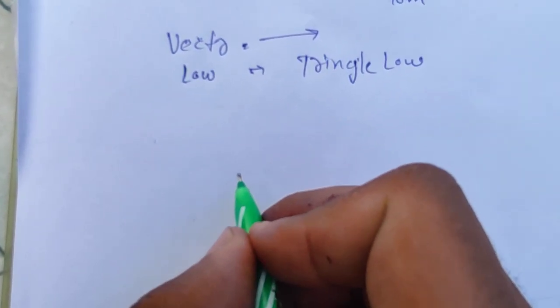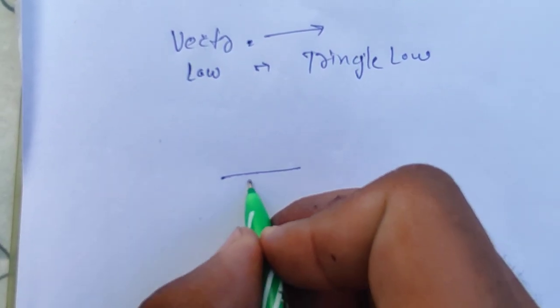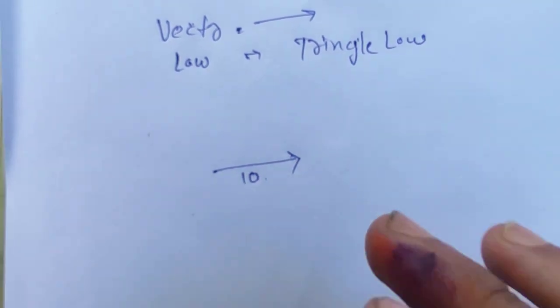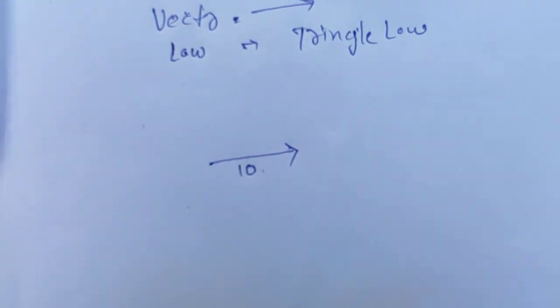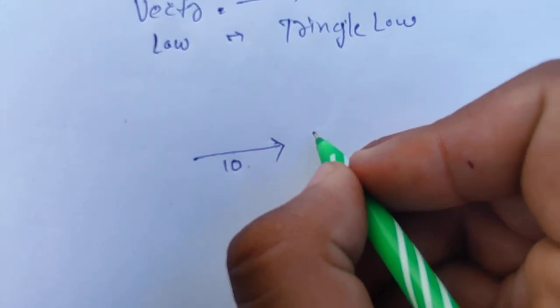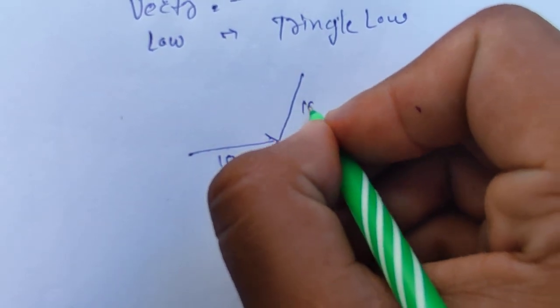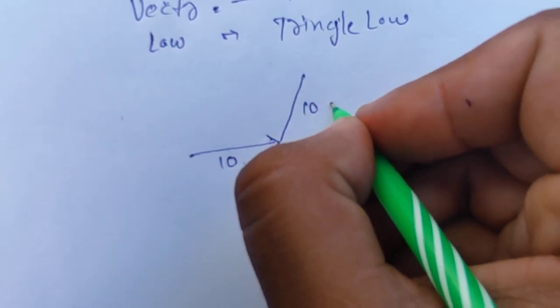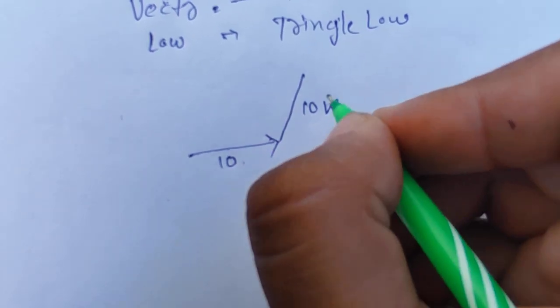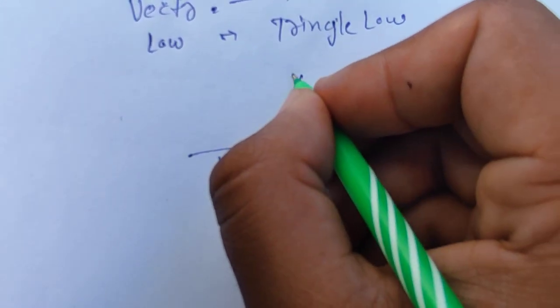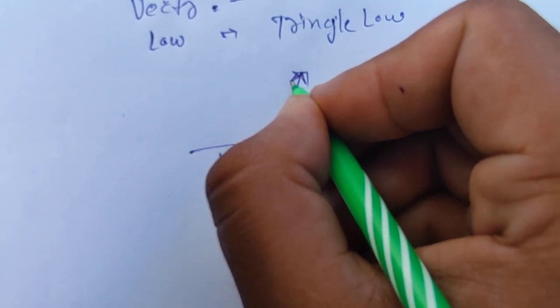Imagine I walk 10 meter in the direction of east. Then I walk again 10 meter in the direction of, say, west plus east, so basically in this direction I am going.